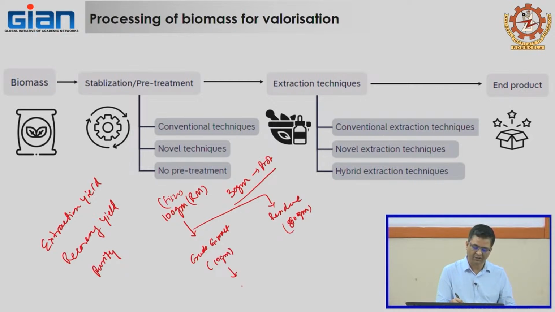After precipitation, suppose you get 4 grams, yeah, and this dried residue is 80 grams, yeah, and in this 4 grams the protein content is around 70%, yeah. So, the protein purity here is directly estimated as 70% from calculation, yeah. So, what will be the extraction yield, yeah.